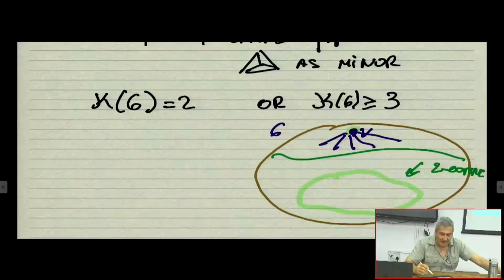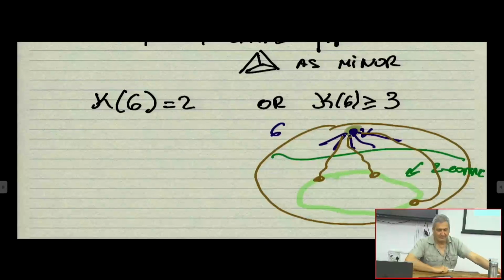So Menger's theorem about k-connectivity claims that aside from v, we are going to have one path here, another path here, and another path here, because it's 3. And now do you see K4 as a minor? Look, I will draw it with yellow, or maybe orange. So my subdivision of K4 is actually this.